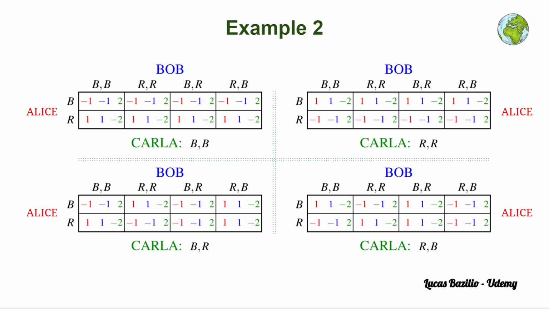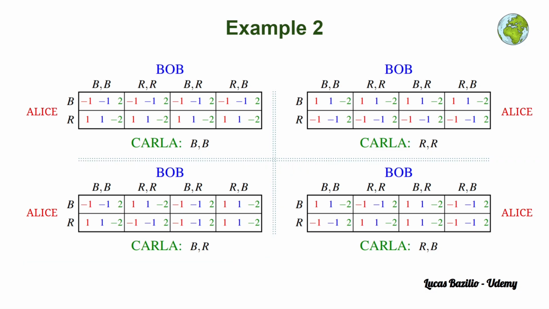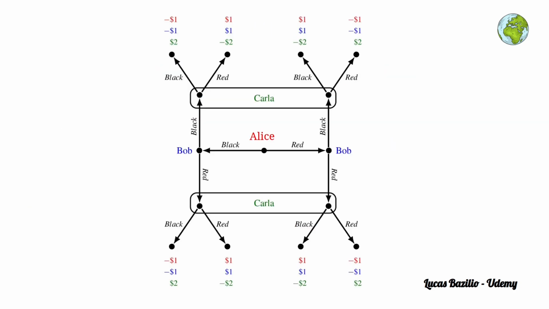Now notice that here, given the number of combinations and strategies, we have 4 tables, 1 table for each possible strategy of Carla. It is also important to see that Alice's strategies are not pairs. The strategy of Alice is either black or red. This is because Alice is the one who starts the game by choosing black or red.